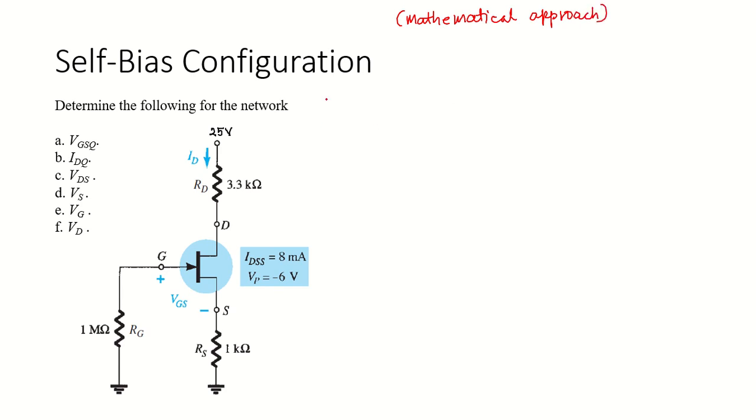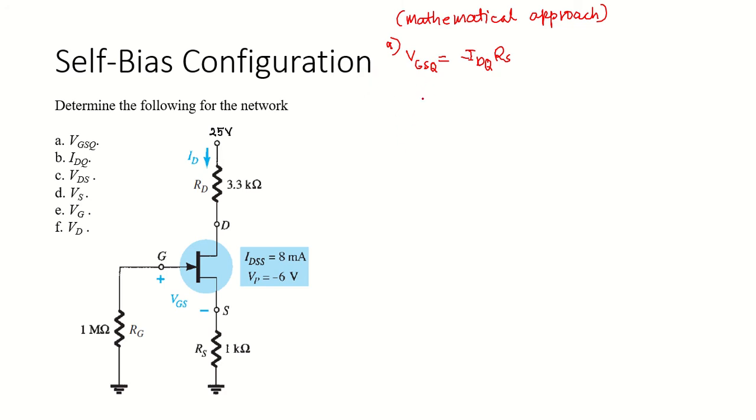So A, VGSQ. How do we get the VGSQ? A while ago, we were given this equation, VGS is equal to the negative ID times RS. We will make this IDQ and VGSQ because they are the quiescent values of the given circuit.